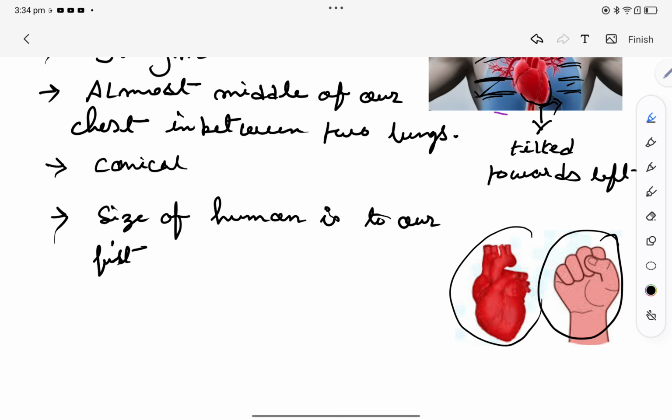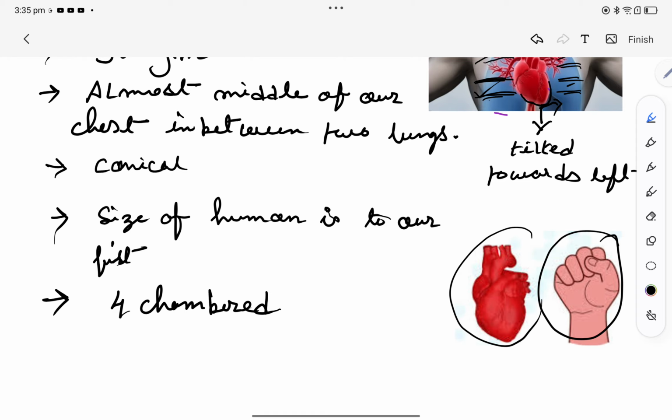Okay, now we are going to study the heart in detail. Fine. So our heart is four chambered, right? Our heart is what? Four chambered. The mammalian heart is always four chambered. It means there are four different room-like structures inside our heart. These four chambers are again divided into two categories. First we will see the receiving chambers, which are also called atria.